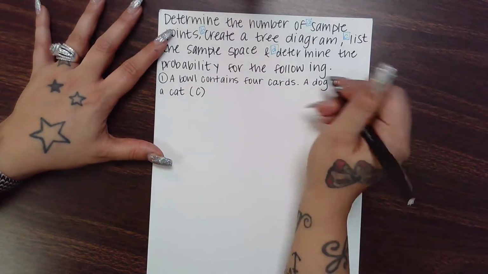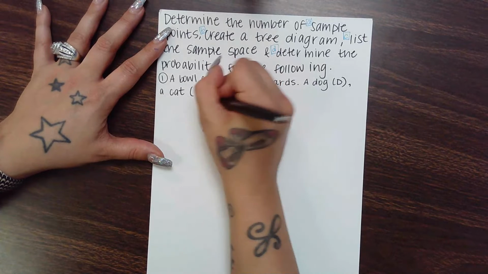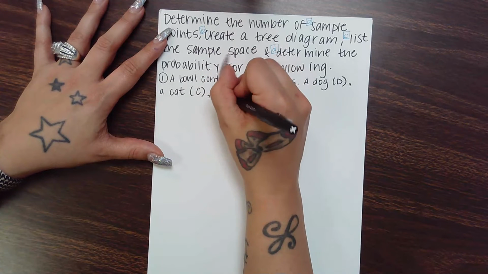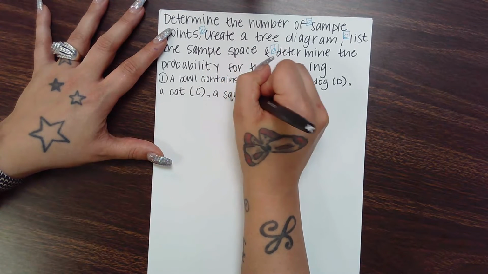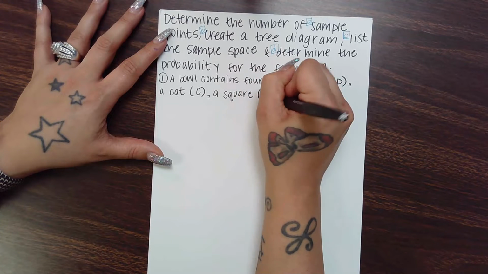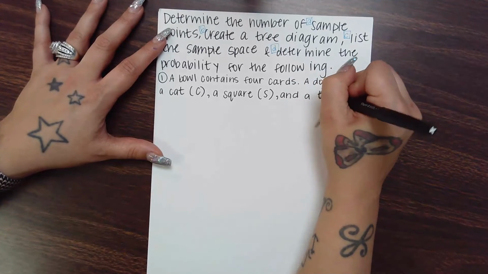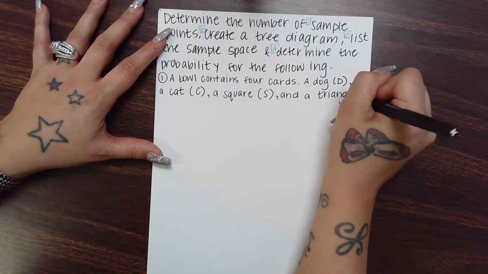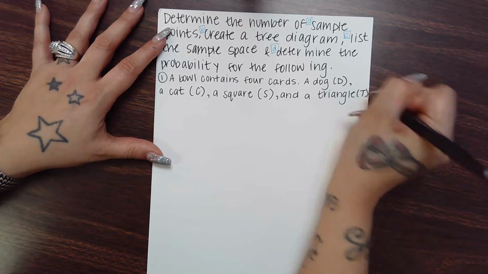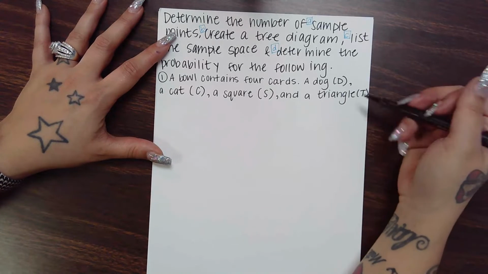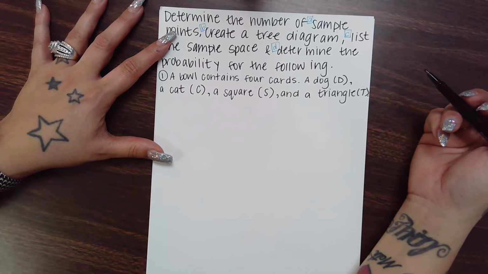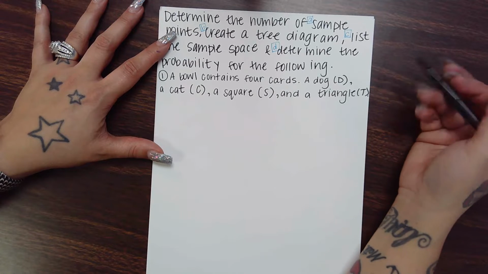So we have a dog, we have a cat, we have a square, and a triangle. If you notice, each card begins with a different letter. You want to make sure that happens as well.